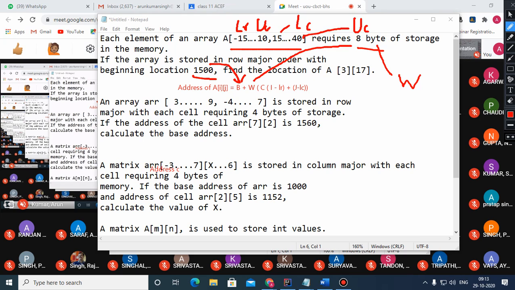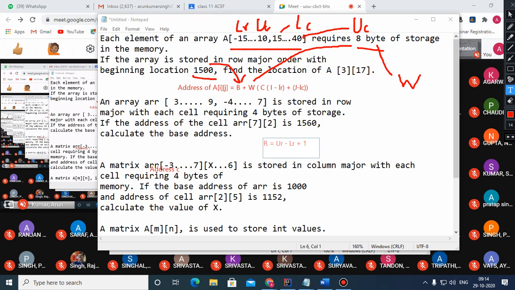Now the question is, from where can you get this R and this C? Actually children, this R means the total number of rows. So in order to find R, what you have to do? This R will be UR minus LR plus 1, which means upper limit of the row minus lower limit of the row plus 1.